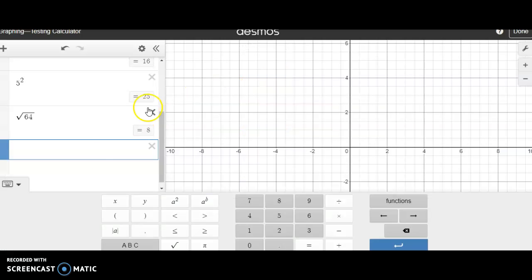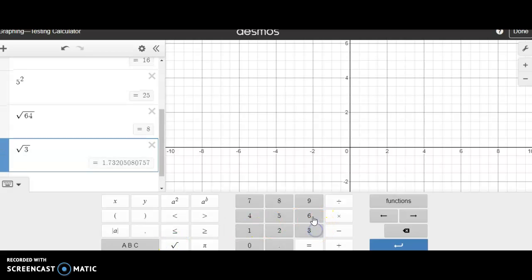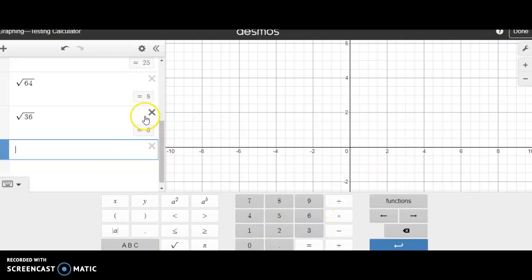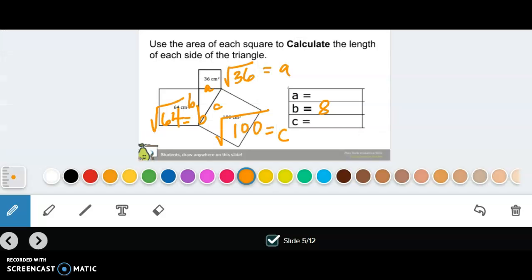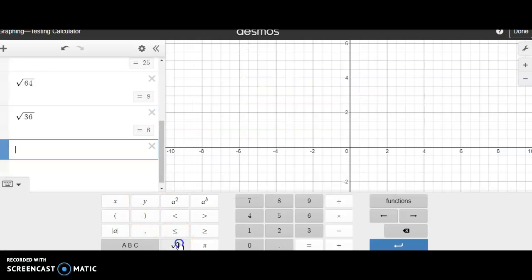Okay, 36 is another number, so square root, we've got to put the number 36 underneath. The length for that side would be 6. And then now we got to go do the same for 100. So square root of 100, 10.